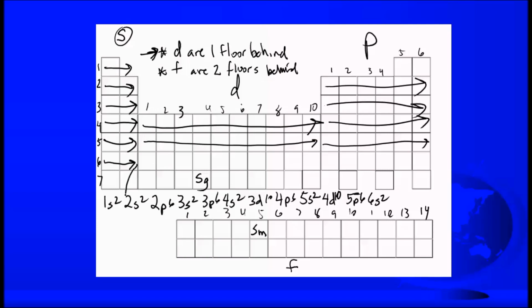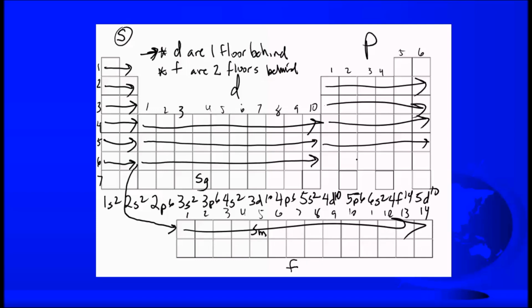Okay, you should see arrows going down. Danger, danger, danger. Back there. Which D? 6D.